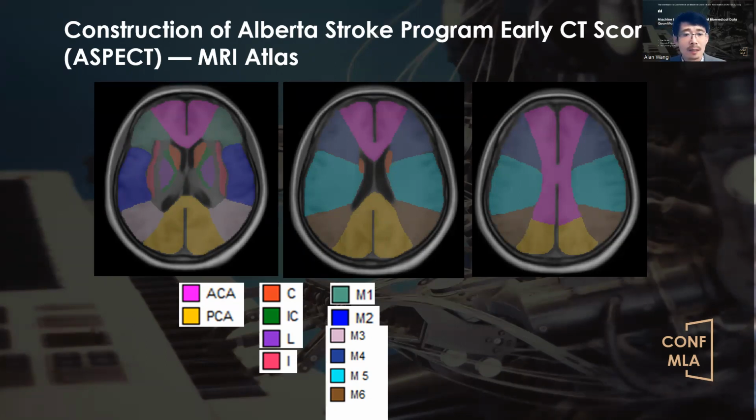It means that just based on the individual MRI data and the ASPECTS MR atlas, we can derive the ASPECTS score reliably and automatically, based on intelligent machine learning based lesion segmentation that maps the individual lesion to this ASPECTS atlas.